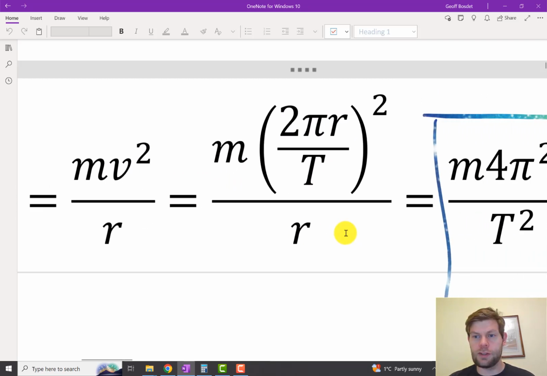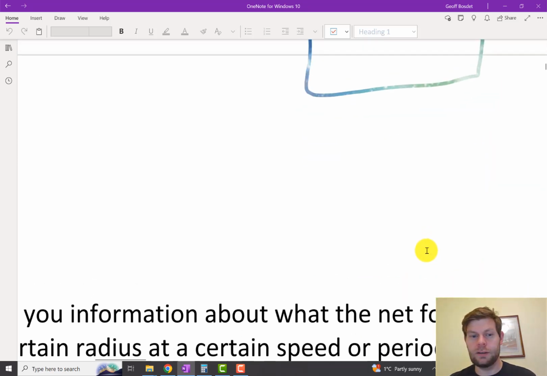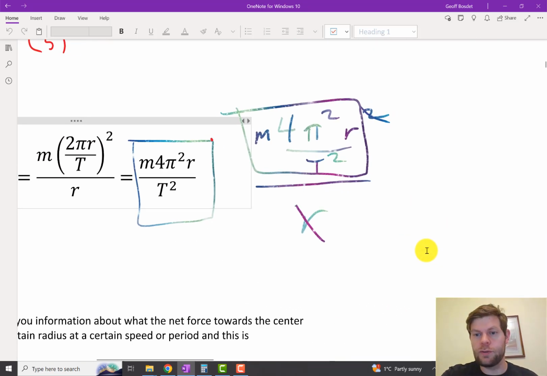And then do a bunch of algebra, and we find this is also equal to our net force. So really you just have to be able to use this. This is one of your net force formulas along with mv squared over r. So m times 4 pi squared r over the time to go around the circle once squared is a useful formula.